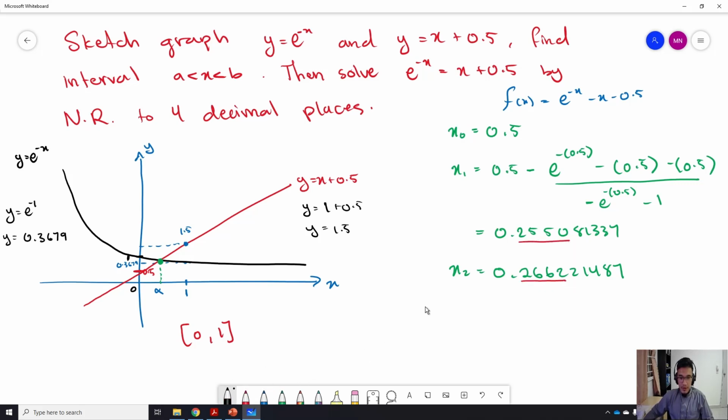Then we proceed to x3, which equals 0.266248608. From here we can see that the first 4 decimal places are the same as x2. So we can conclude that the root is x equal to 0.2662. Alright, so that is our final answer.